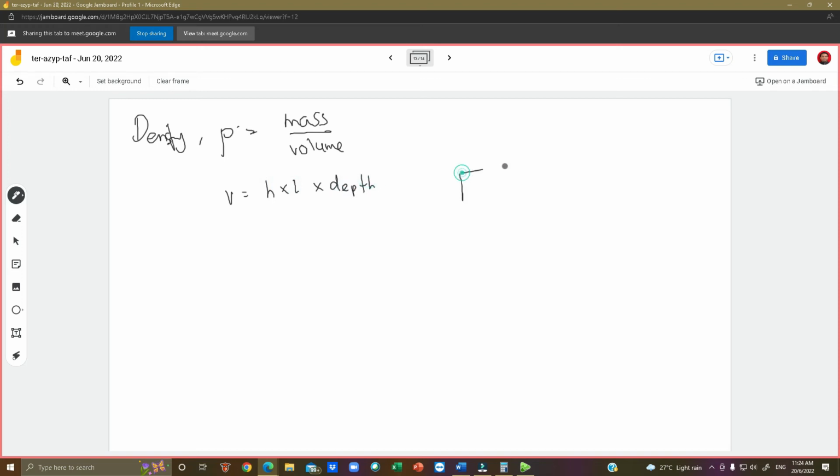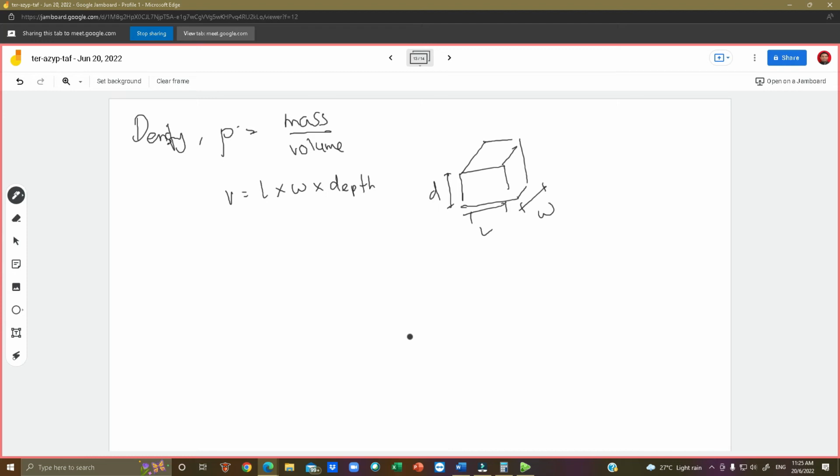So kalau kita ada tiga benda macam ni, sorry saya lukis, we have something like this. So this will be dia punya depth, this will be dia punya length, this will be dia punya width. Length, width. Okay, tu dia. So that is volume.